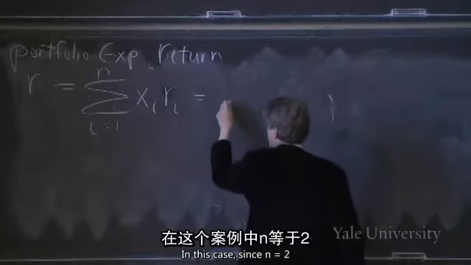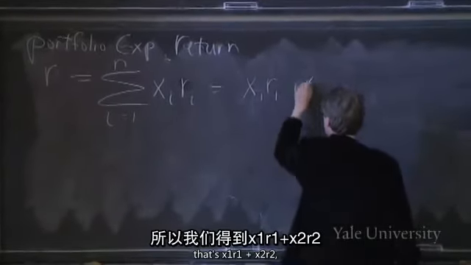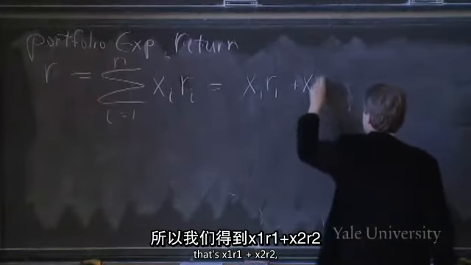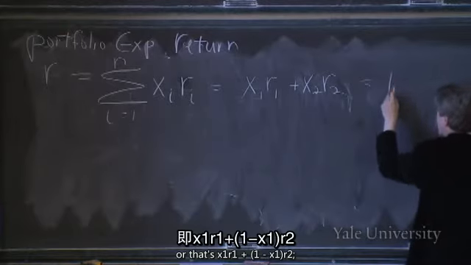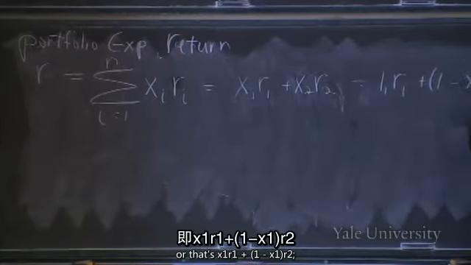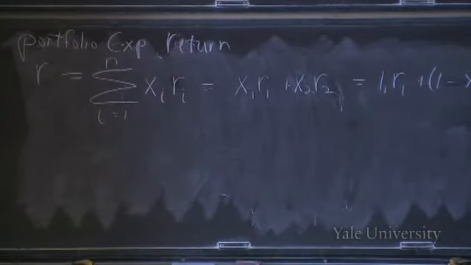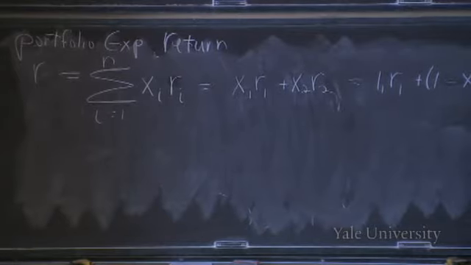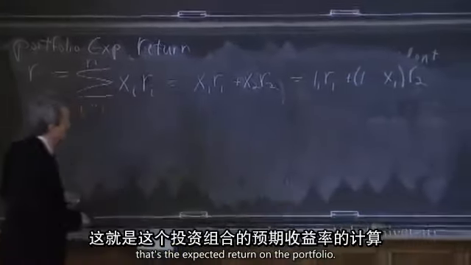In this case, since n equals 2, that's x1 r1 plus x2 r2, or that's x1 r1 plus (1 minus x1) r2. And that's the expected return on the portfolio.